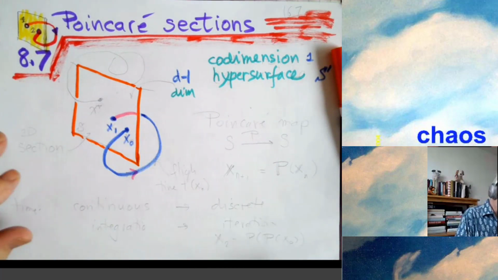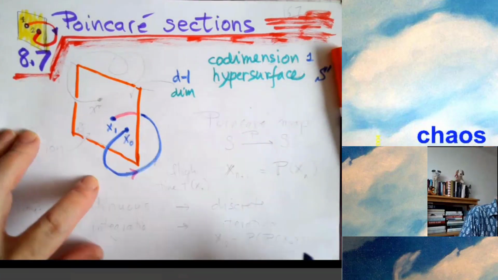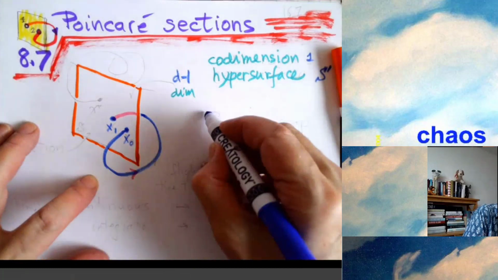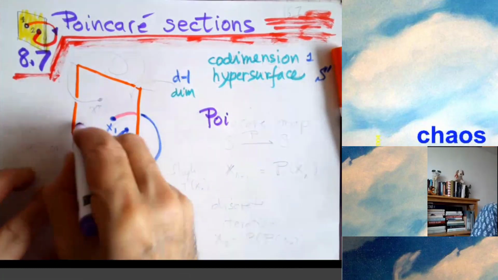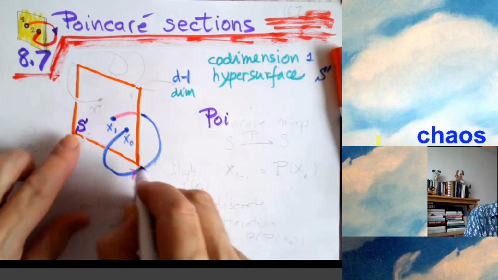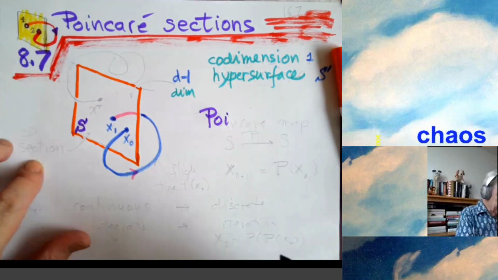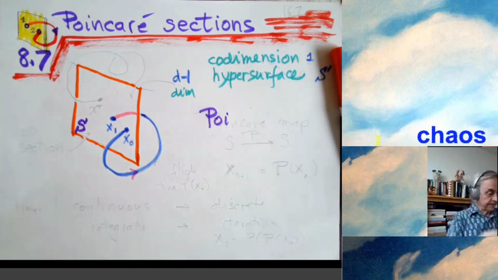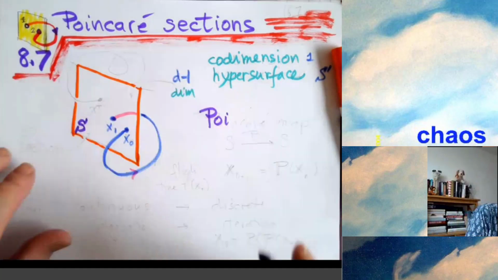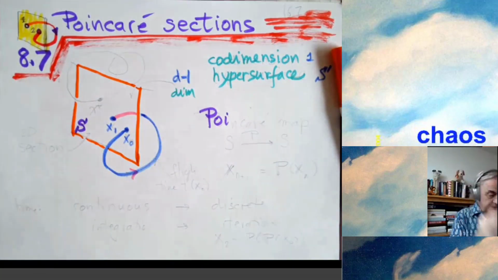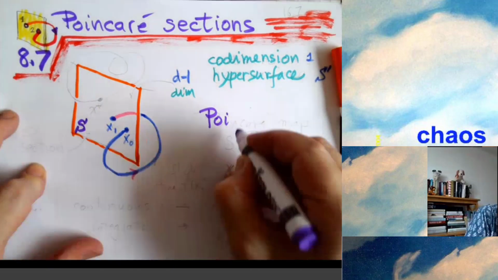And you can think of that as Poincaré map. So this is a Poincaré section, S for section. It just cuts your space. And it's a border between stuff that's on one side and other side. And as long as it's codimension 1, it does split the space in 2.